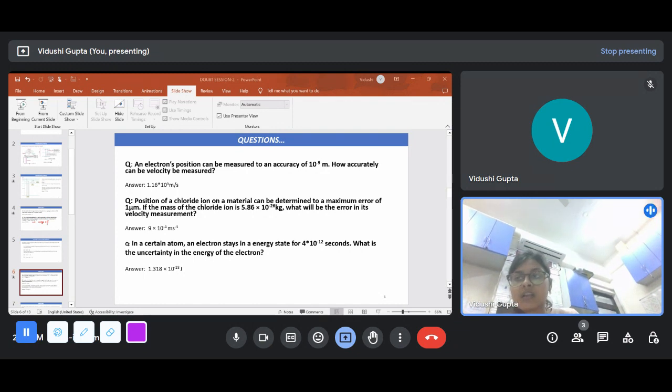So K will have value 1.38 into 10 minus 23, and temperature is 25 degrees Celsius.